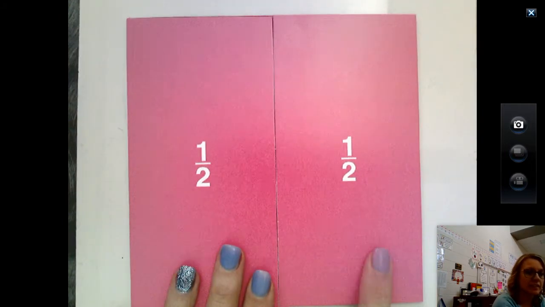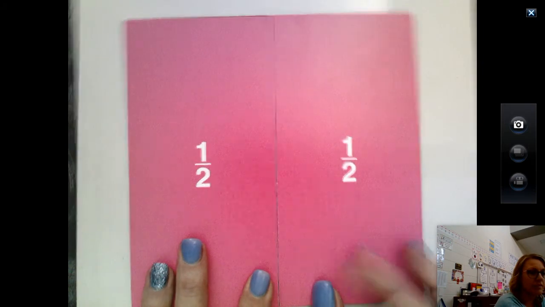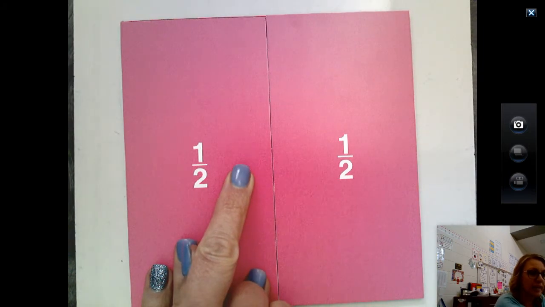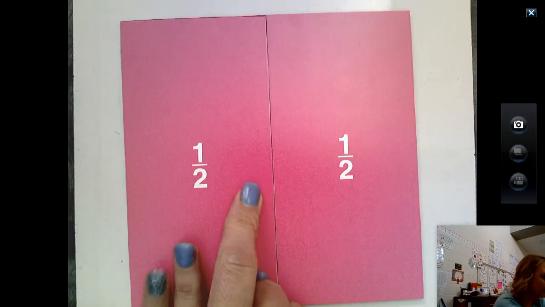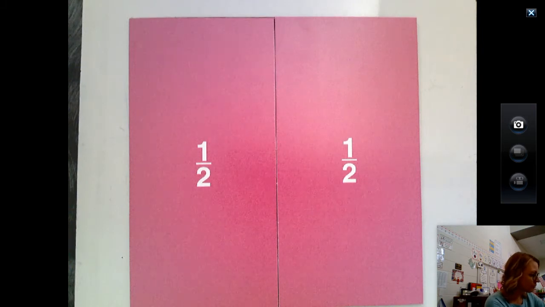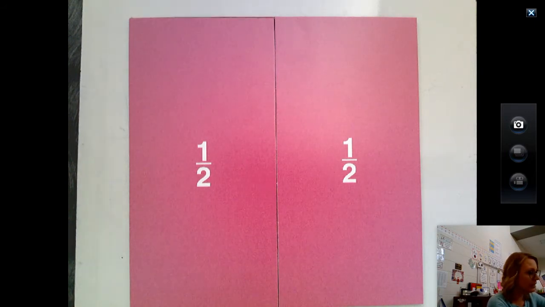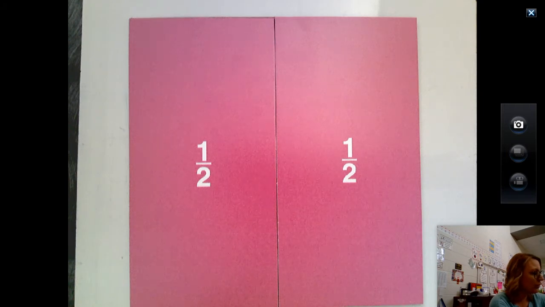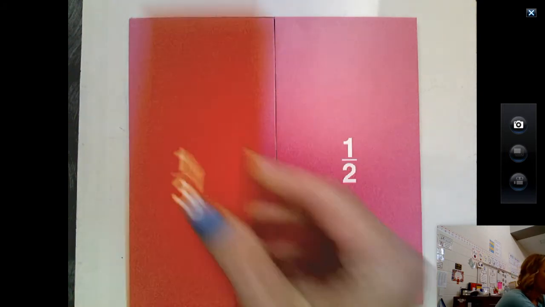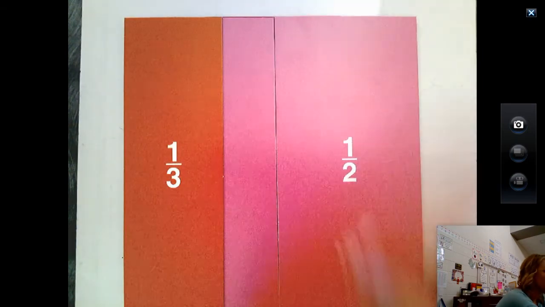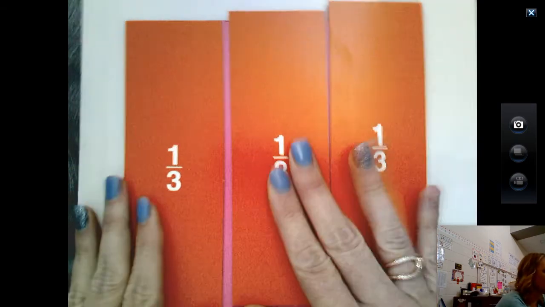So if I take this half, I have 1/2. If I take this half, I have 1/2. 1/2, 1/2. And then the next, I divided it into 2s. So if I took that whole square and I divided it into 3 equal pieces, I would have thirds. 1, 2, 3.